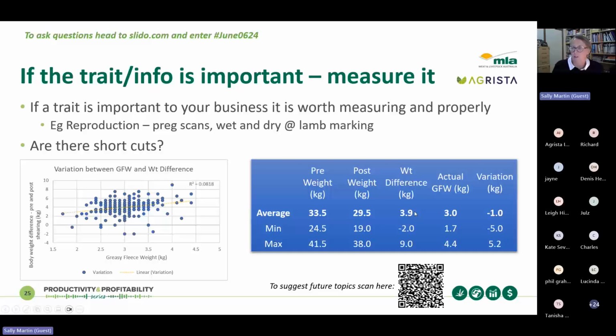On average, that could have been the fleece weight, but on average, there was a kilo less. And we had some animals that were 5 kilos above and below. So if you're thinking about doing it, I'd potentially suggest that there may be a better way to do it.